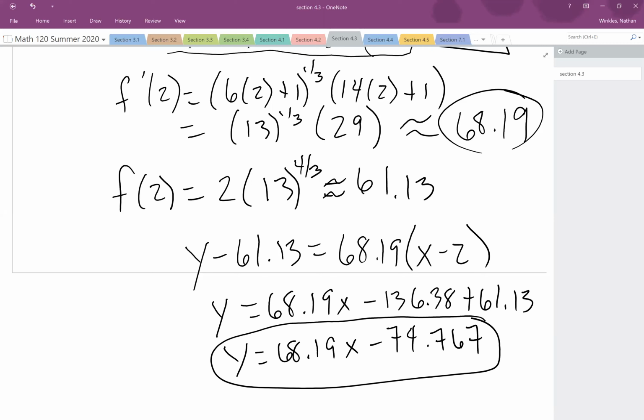So sometimes these numbers get ugly, sometimes they're not. It just all depends on what we're given, depends on if they're going to be ugly or not.